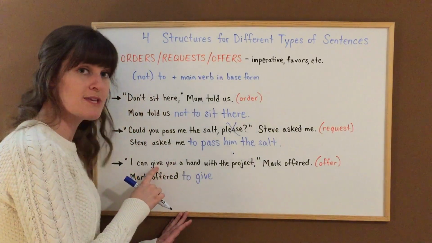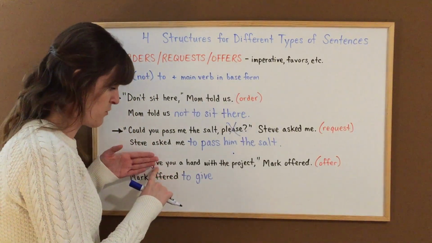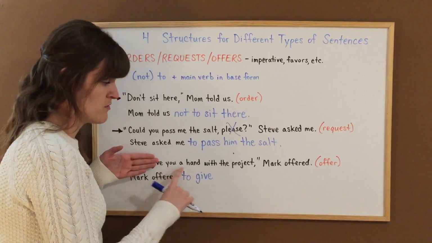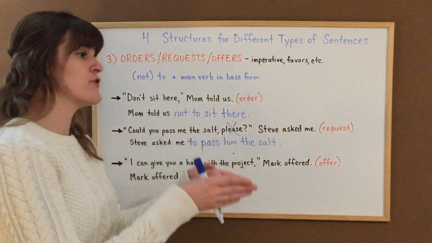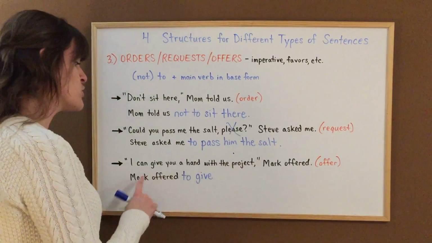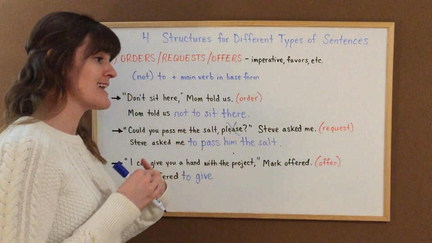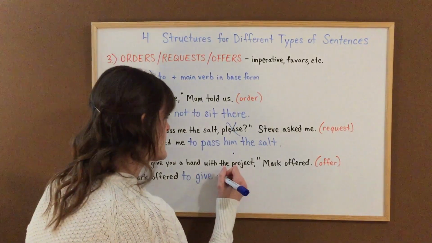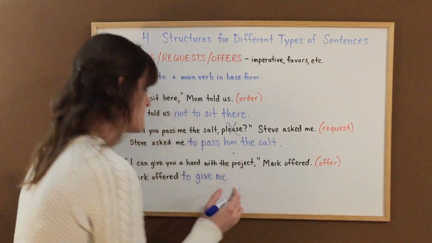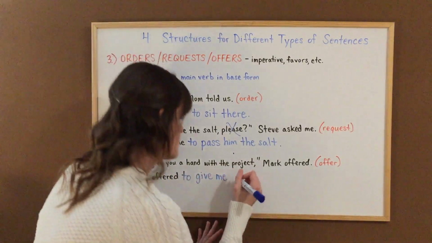And then we continue the sentence from here. We finished with this part, don't worry about it. You. Do we have to change you? Let's look. Mark offered, I can give you a hand with the project. So Mark offered to give, if I am writing this sentence, he offered to give me a hand.